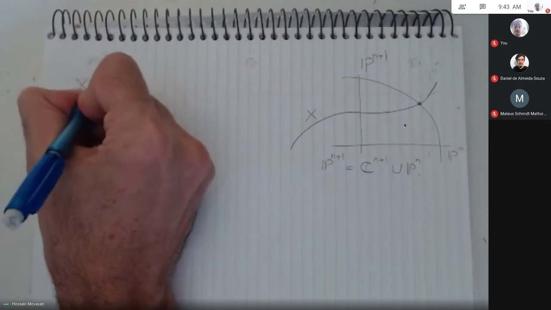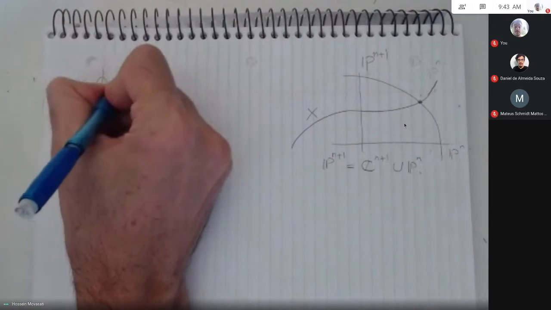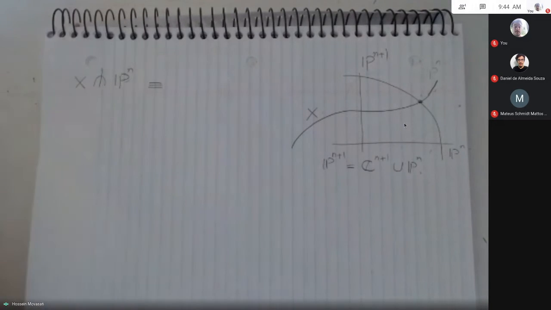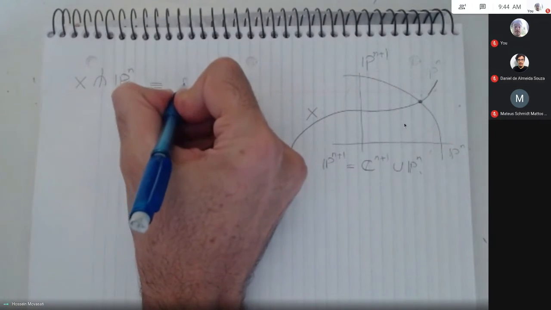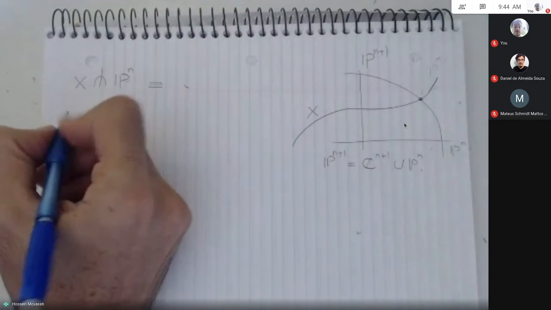And well, my hypersurface is in this P^{n+1}, and in one of the first lectures when we were doing topology, I assumed that X intersects P^n transversally.